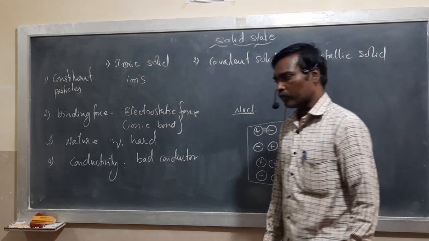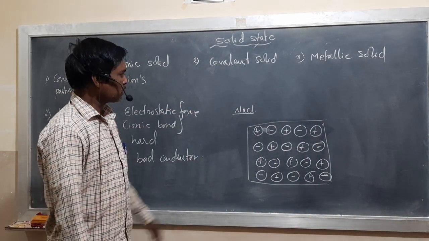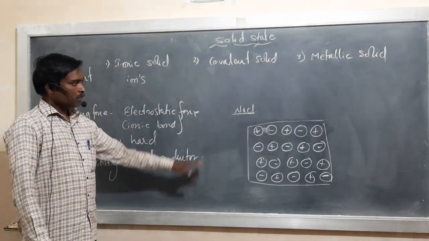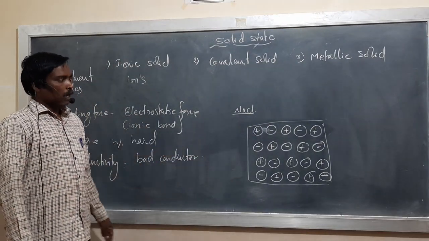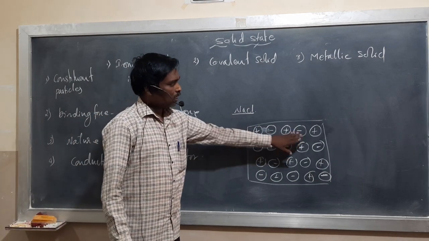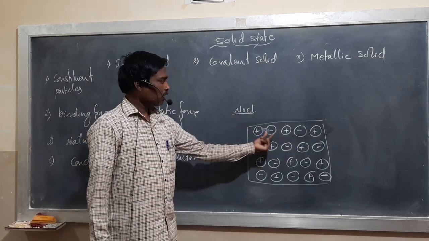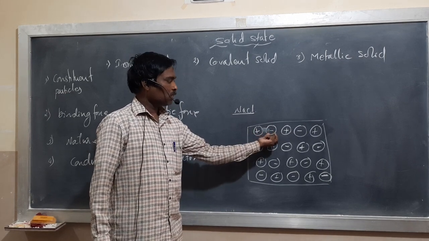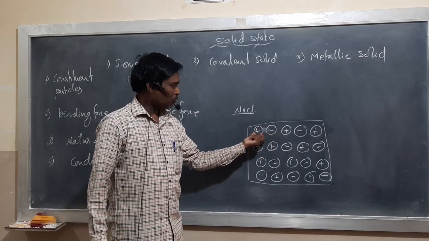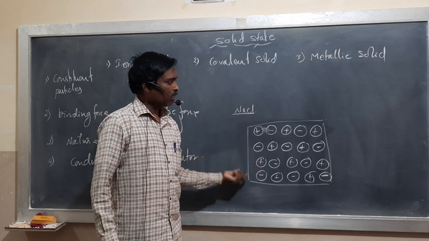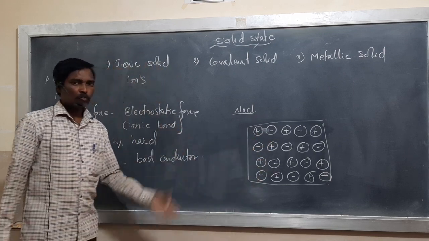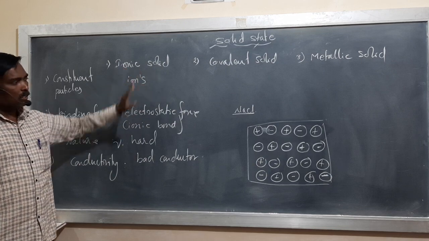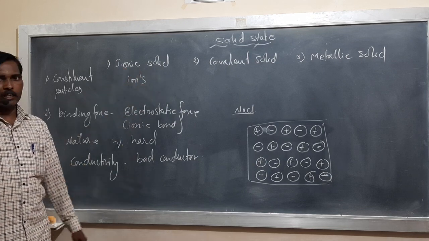Even though these solids contain ions, they are still bad conductors because there are no mobile electrons. All the electrons are bonded, the negative ion with the positive ion. There are no free electrons or free ions available in a solid ionic crystal. That's why they are bad conductors.